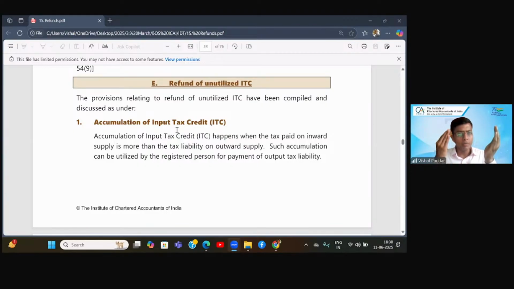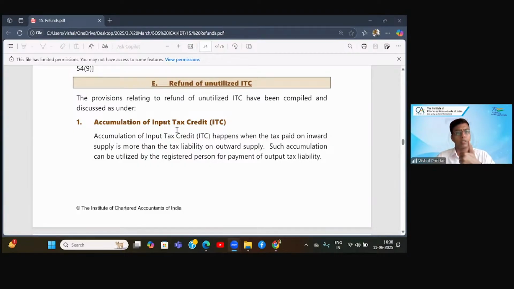It will be utilized even for my export supplies, which are eligible for refund. It is also being utilized for my domestic supplies, which are not eligible for it. So, in such a case, if I want to demand refund of this ITC, logically, this refund cannot be of the total ITC balance which I'm having.